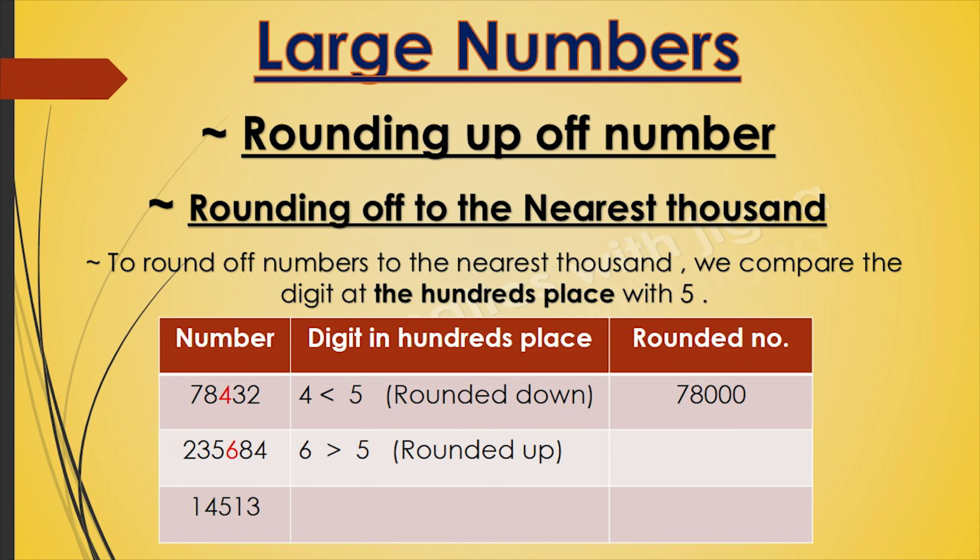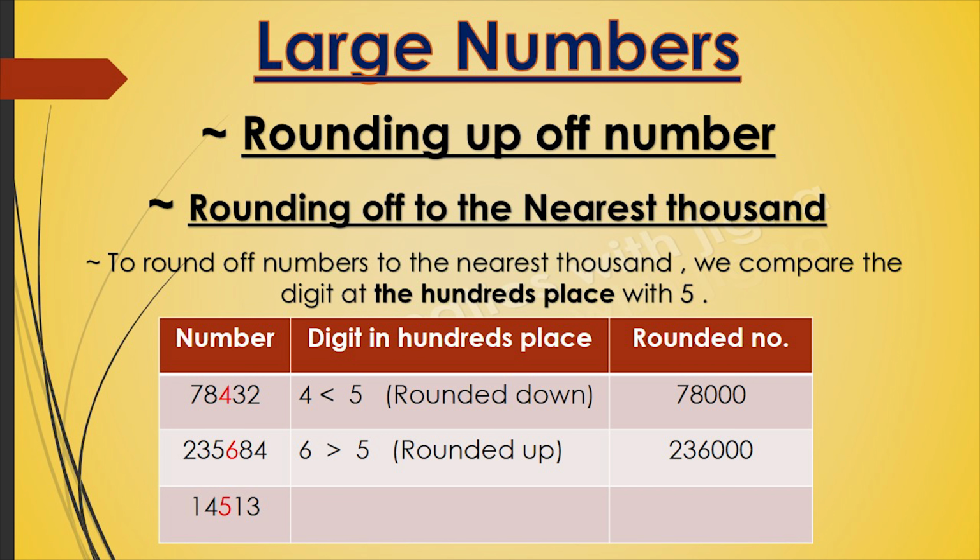So here 5 is in the thousands place. So 5 plus 1, 6, and rest of the 3 places, hundreds, tens and ones, will be 0. So our answer will be 236000.